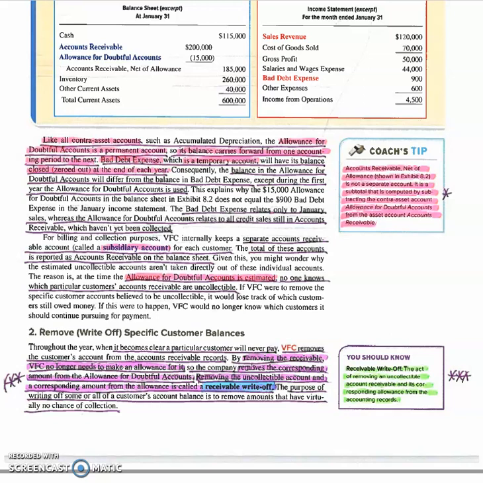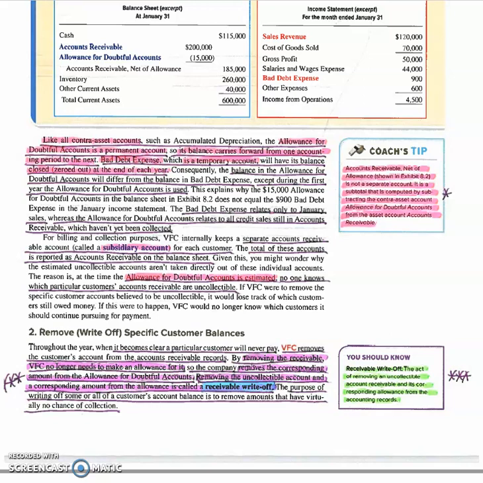We had $90 in net accounts receivable. Then we reduce accounts receivable by $5 and we reduce the allowance by $5. Debit the allowance for $5, credit accounts receivable. And so now accounts receivable has a balance of $95. The allowance has a balance of $5, credit balance. So net accounts receivable are still $90.